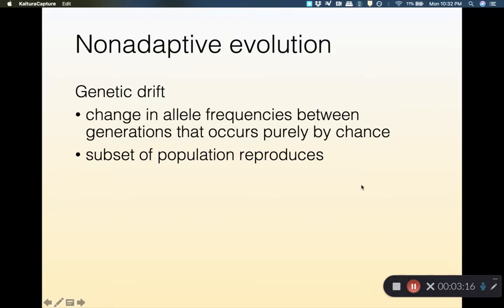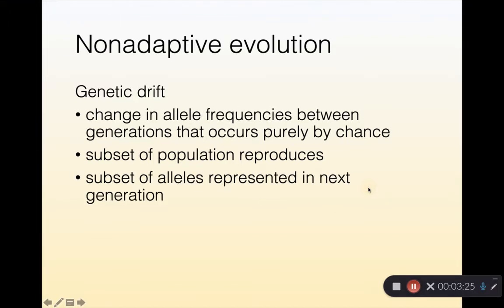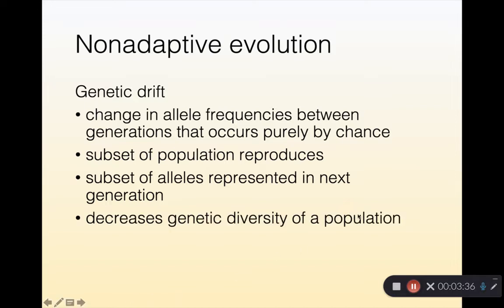So genetic drift creates a subset of a population, a subset of allele frequencies, that then reproduces. Then this subset of alleles is represented in the next generation. That's just a textbook definition of what genetic drift looks like.